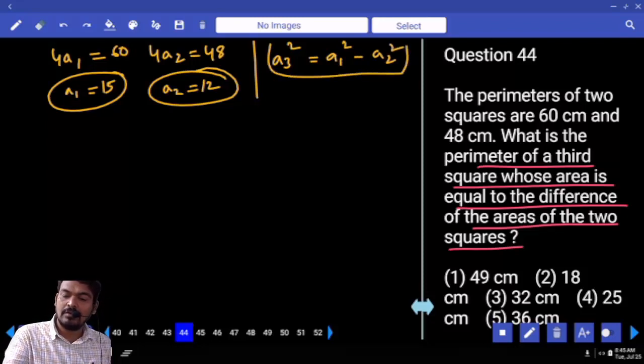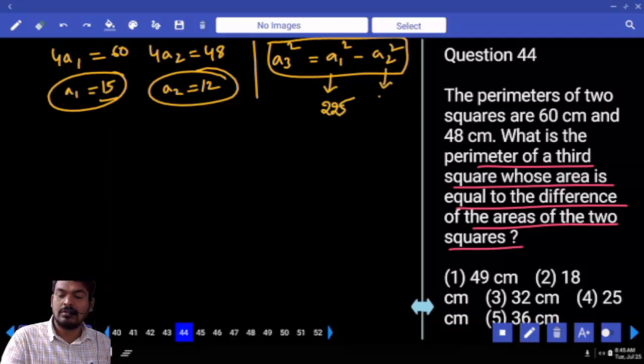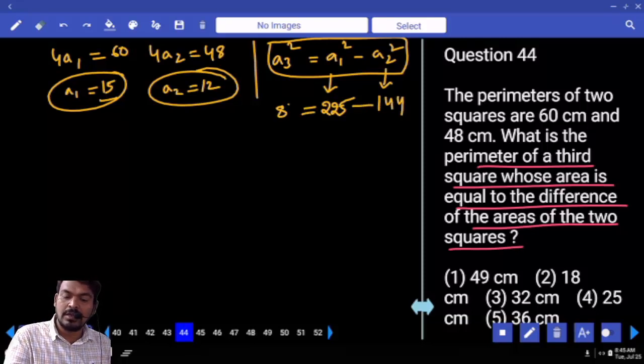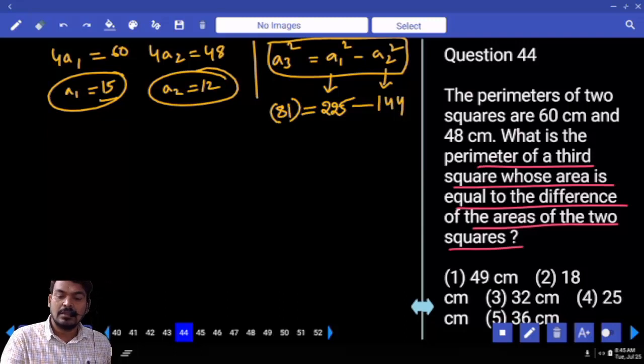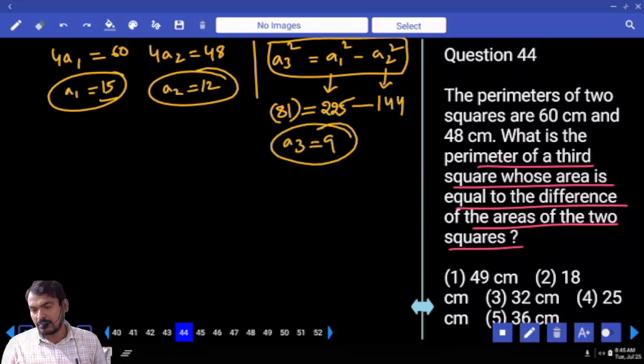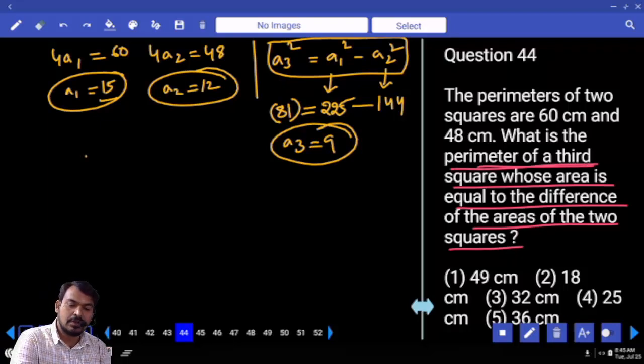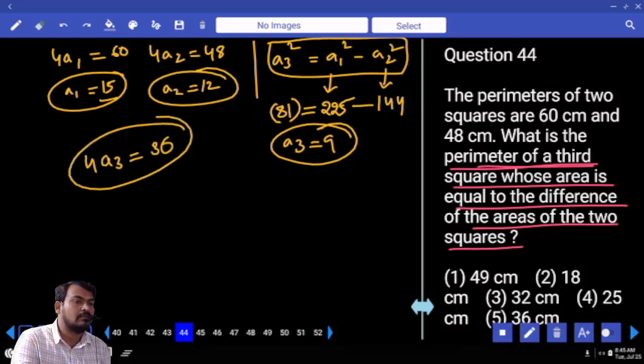So a3 square equals a1 square minus a2 square. 15 square is 225. 12 square is 144. 225 minus 144 is 81, equal to a3 square. Then a3 is 9. The question asks for the perimeter of the third one, which requires 4a3. The answer is 36.